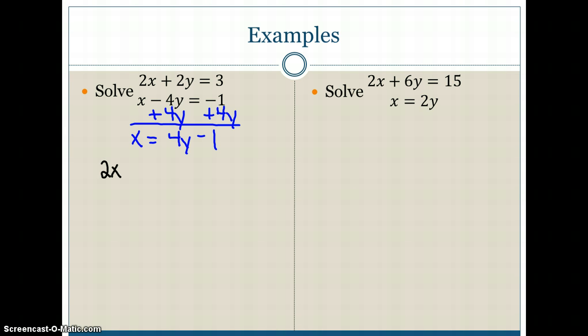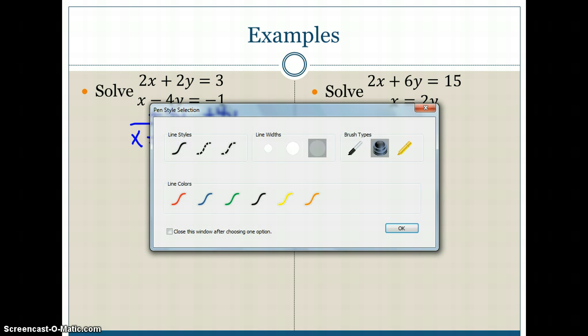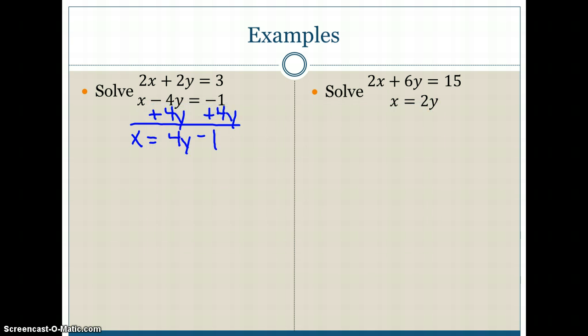Let's think of the other problem again. We know x is equal to 4y minus 1. So we're going to have 2 times the quantity 4y minus 1 plus 2y equals 3.